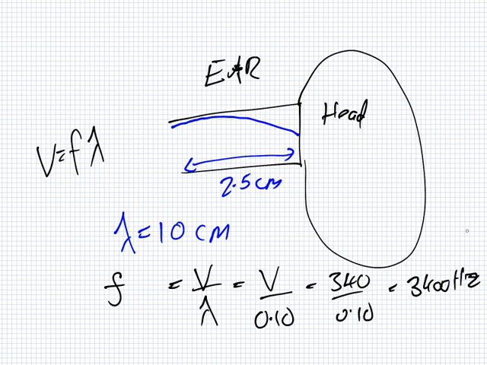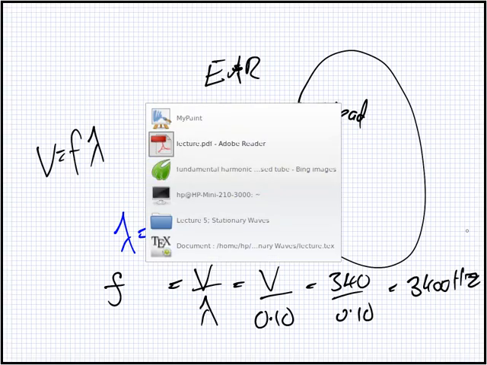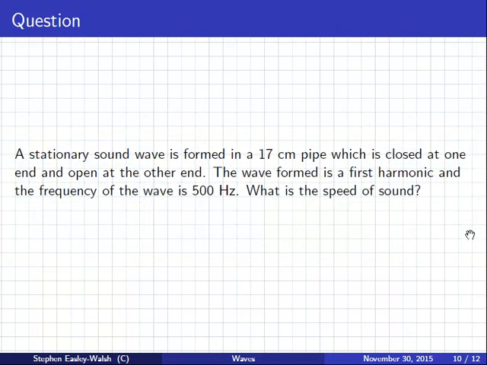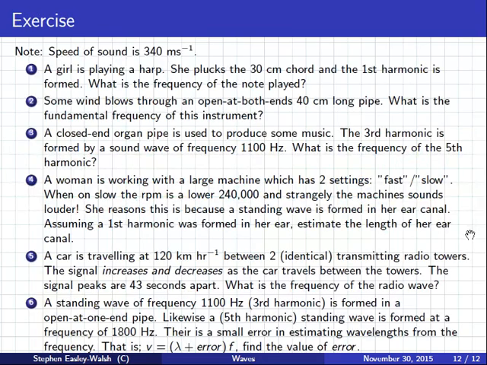Okay, let's have a look at some questions now. Right. Victor? What's this? Homework. I can't see anything. Yeah. And you can't hear anything now either, yeah?